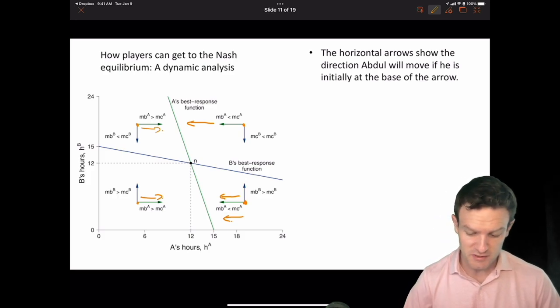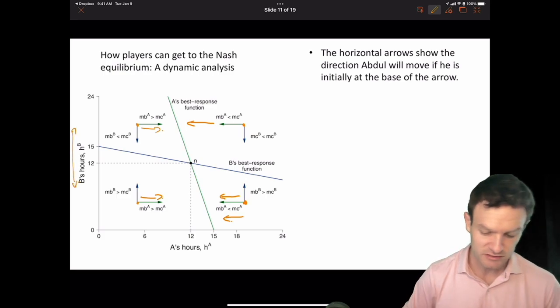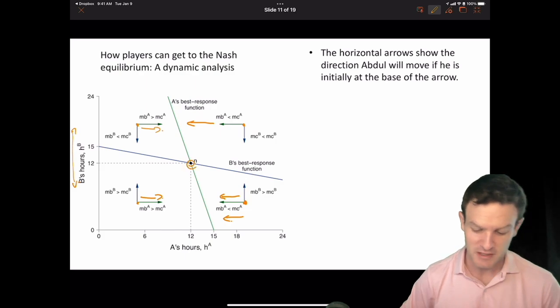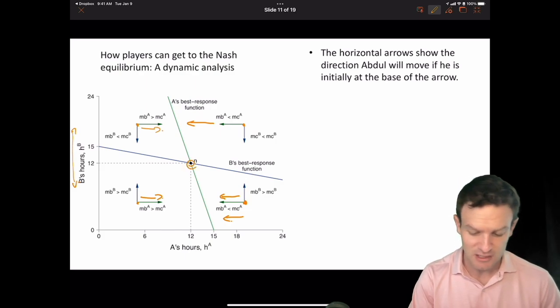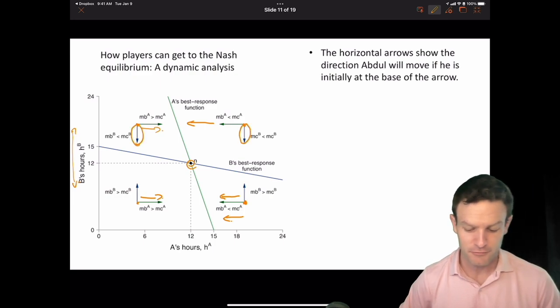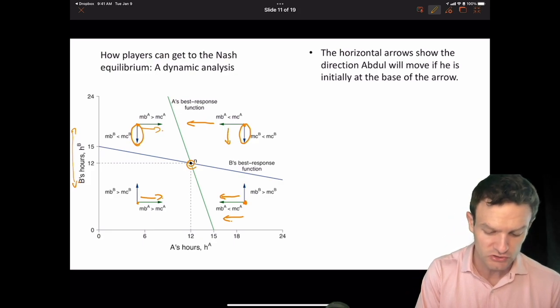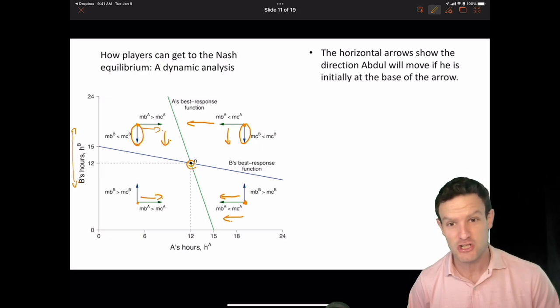Now, Bridget, what do we see there? Her hours are along the vertical axis. We have the Nash equilibrium number of hours being 12. And so we can see that for her, we've got downward arrows when her marginal benefits are less than her marginal costs, and she should therefore reduce her number of hours spent fishing.